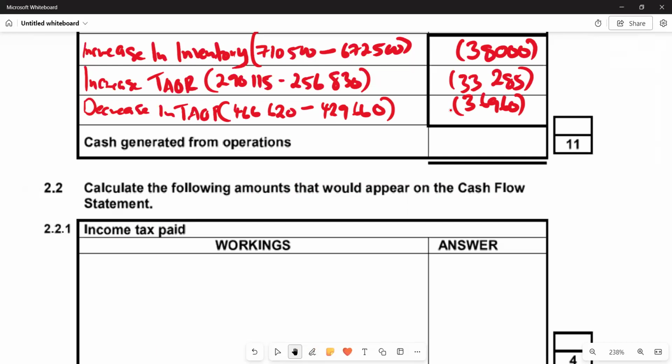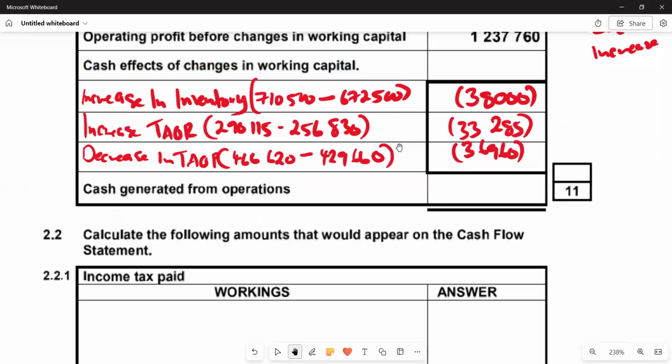The final figure that we are supposed to get is cash flow from operations. So basically, on our calculation part, we are going to add all the changes in working capital, whereby we are saying negative 38,000, we subtract 33,285, subtract 36,960, and then here we are going to get a negative 108,245.